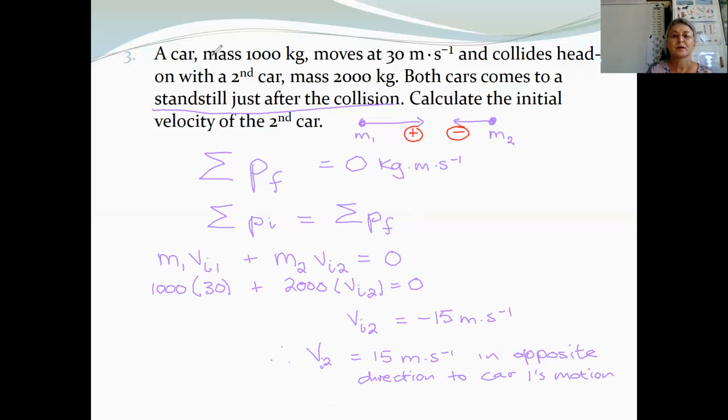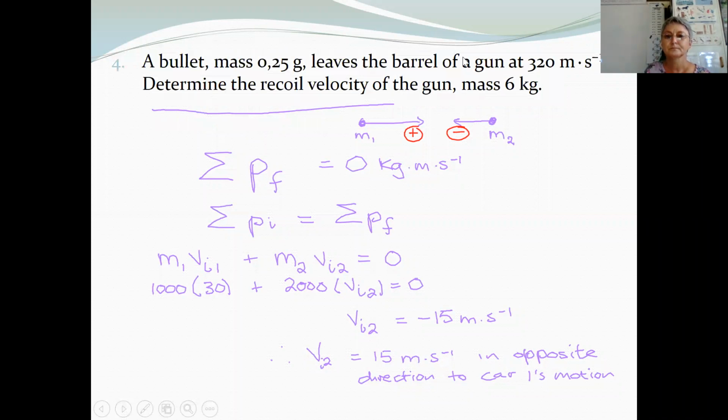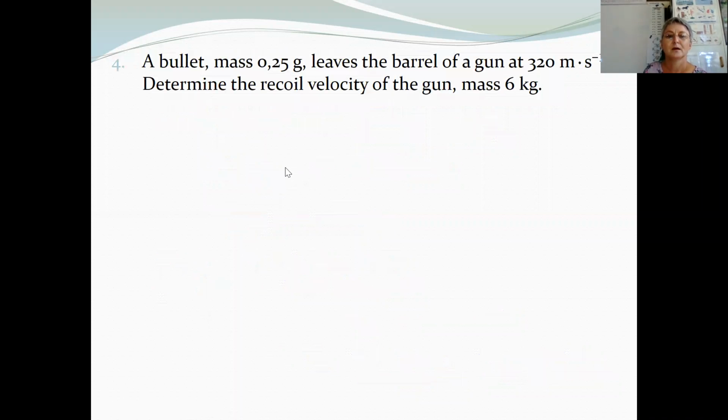Right. The next question is question 4. A bullet of mass 0.25 grams leaves the barrel of a gun at 320 meters per second. Determine the recoil velocity of the gun.